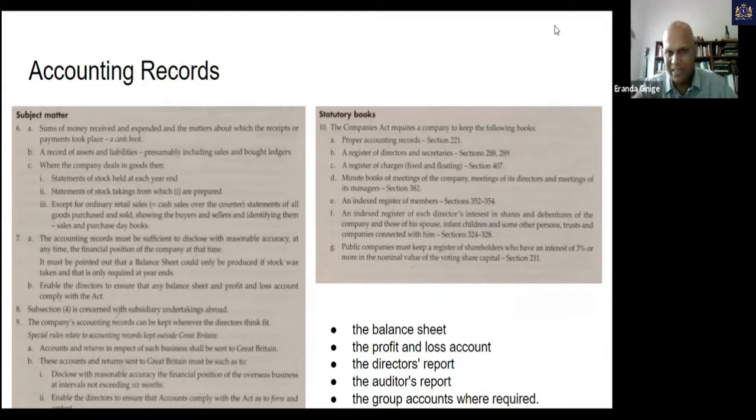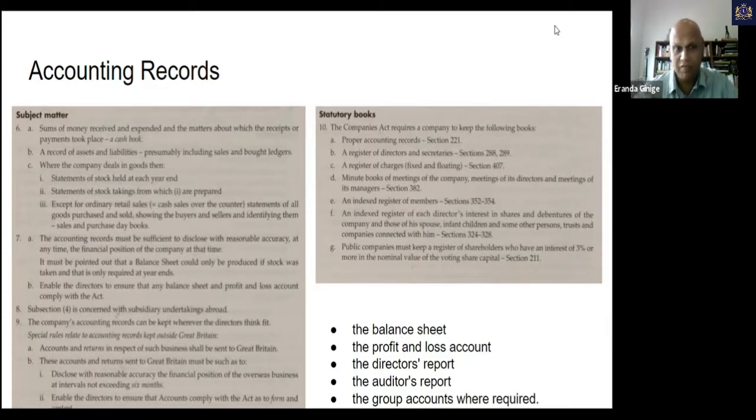Then who are your company secretaries? A register of charges, so your liabilities, the money that you owe to other people, right? A minute book of the meetings. So when the directors meet, the minutes need to be maintained, and usually the secretary needs to sign it off.